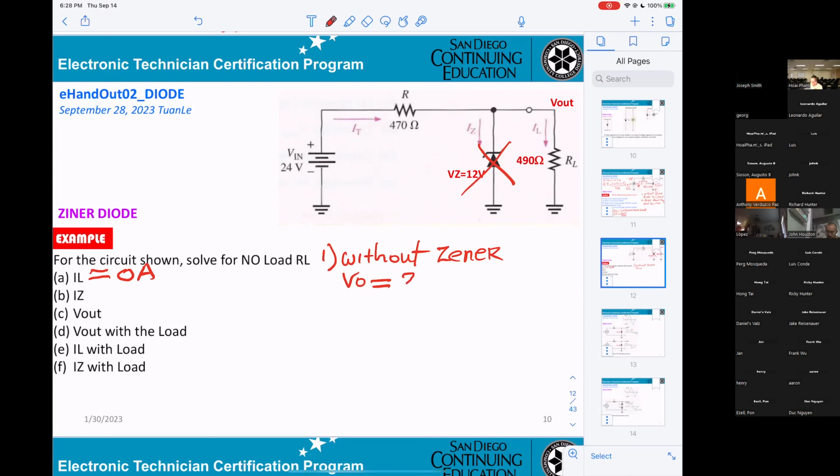Right? Right. 24 compared to the breakdown voltage 12 volt. So the Zener will be in breakdown or not? Breakdown. Breakdown. Yep.